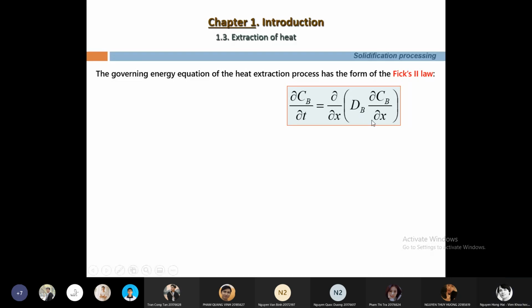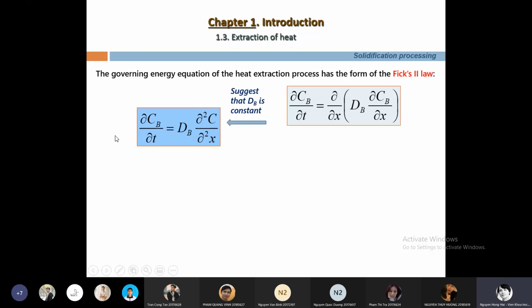So if we assume DB is constant, the diffusion coefficient of the B component is unchanged, so we can have dCB over dt equal to DB times the second derivative of C with respect to the distance H.